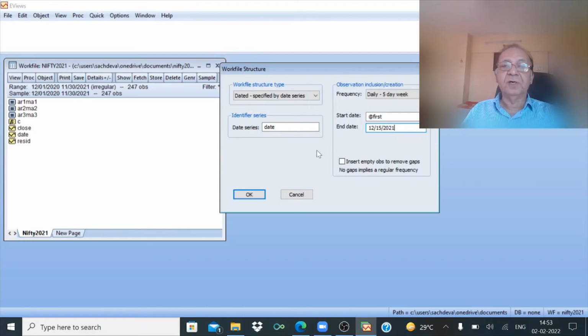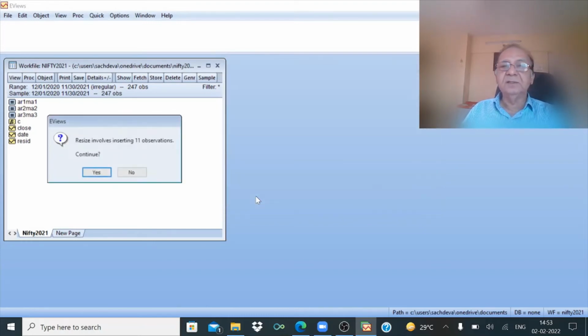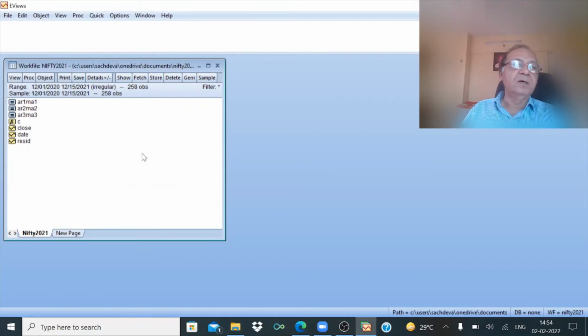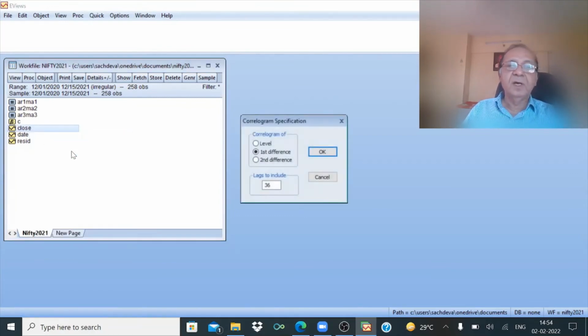I'm going to forecast it, so I'm going to change the date up to date. So we are resizing with 11 more observations. We can say continue.